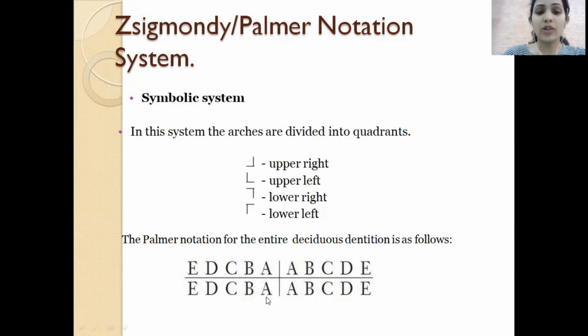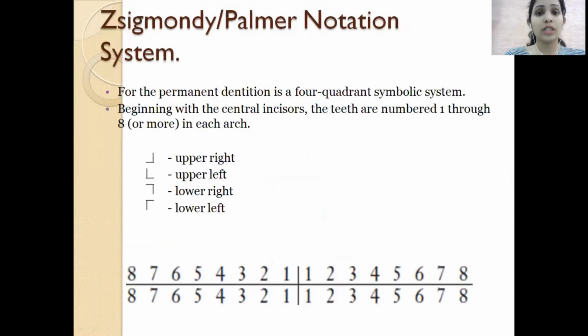Then third quadrant denotes the left lower quadrant, and fourth quadrant denotes the right lower quadrant. Now, for permanent dentition, it's a four-quadrant symbolic system, beginning with central incisor. The central incisors are numbered as 1, extending till number 8, which is the third molar.